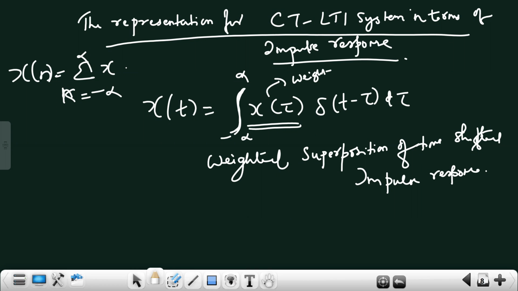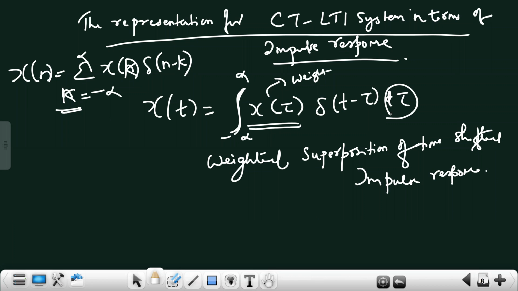Instead of x of k, now you have x of tau. Instead of del of n minus k, now you have del of t minus tau. Since you have an integration, you need to put d tau because you are integrating with respect to tau. There you have the summation with respect to k, now here you have the integration with respect to tau. That is the only difference.